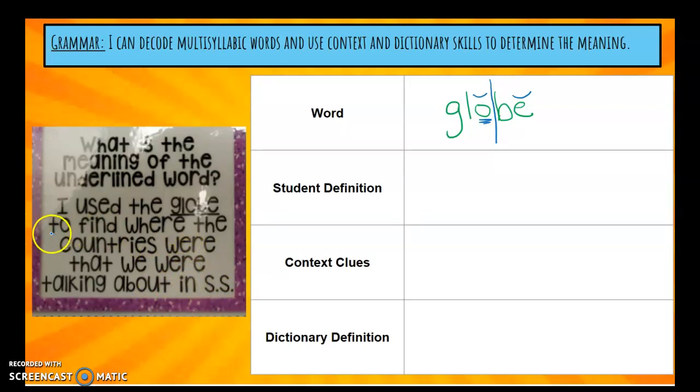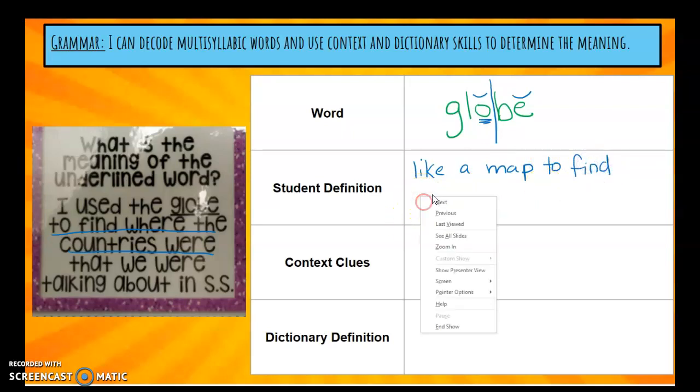Okay? So I used the globe to find where the countries were that we were talking about in social studies. So right here, to find where the countries were. So my definition might be, if you're using something and you're trying to find where countries are, it's like a map. To find countries. Oh my goodness, sorry.